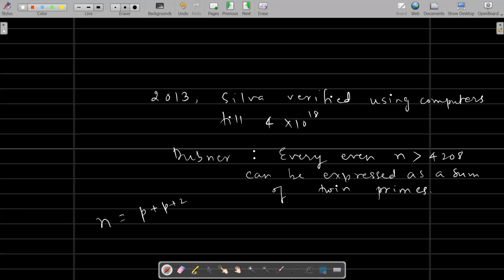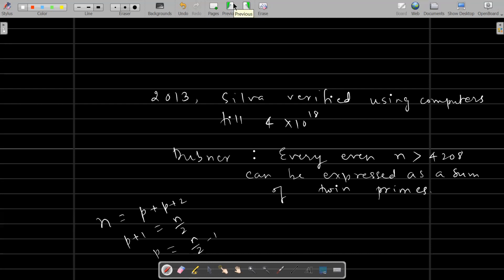Which means 2 times p plus 1 is n, or p plus 1 is n by 2, or my p is n by 2 minus 1. So from some stage onwards, it says essentially n by 2 minus 1 is prime. And I think this is equivalent to what he said. So from some stage onwards with the 2n plus 1 procedure, you get a prime.